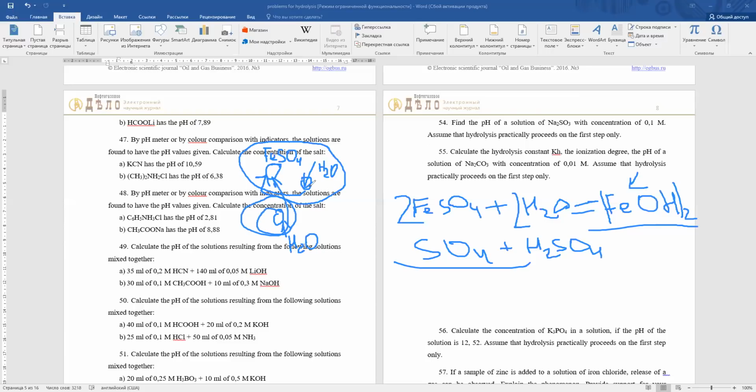But these molecules spend their energy in order to move their body, and they reacted with this salt, and in order to continue the second step, they need extra energy. That's why when you heat the solution or dilute the solution, the reaction of the hydrolysis can accelerate.